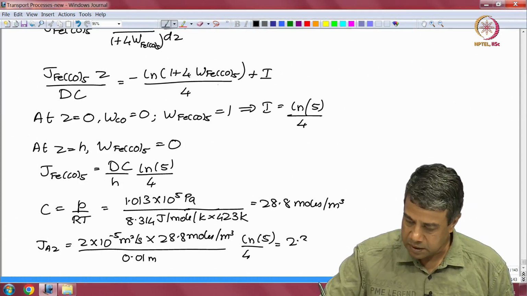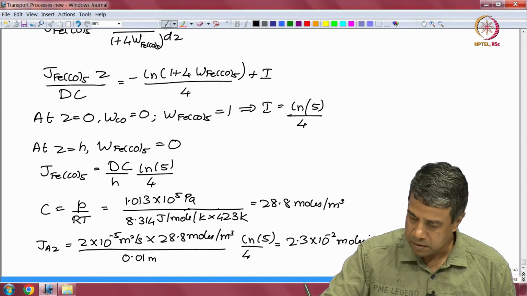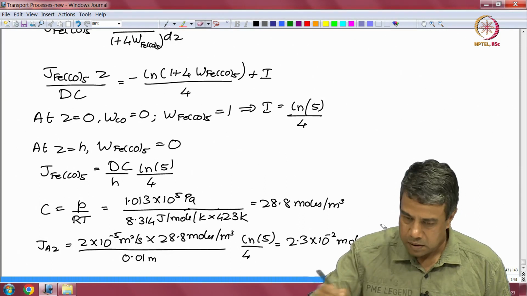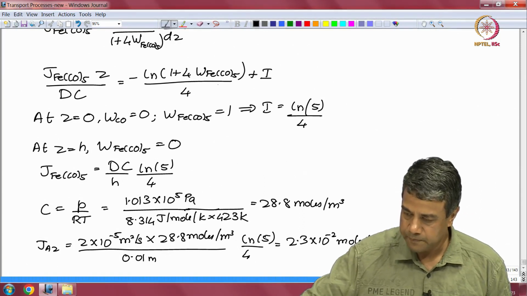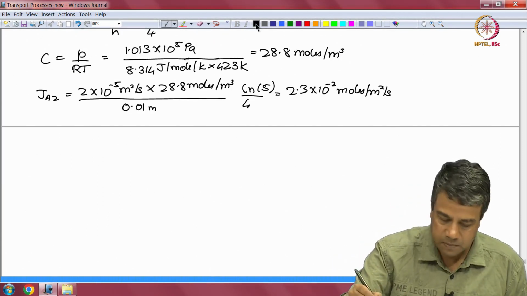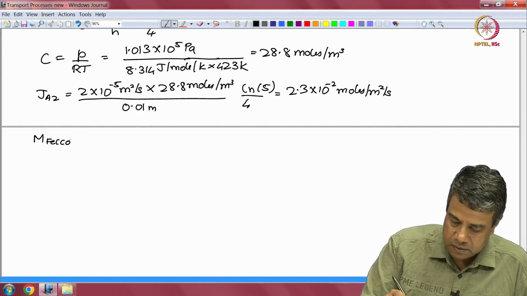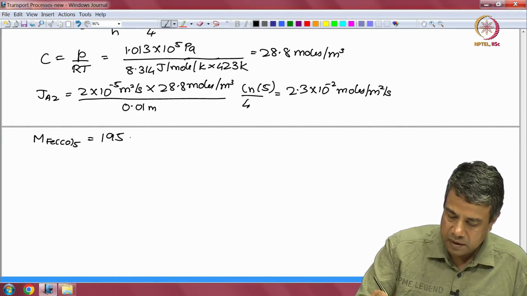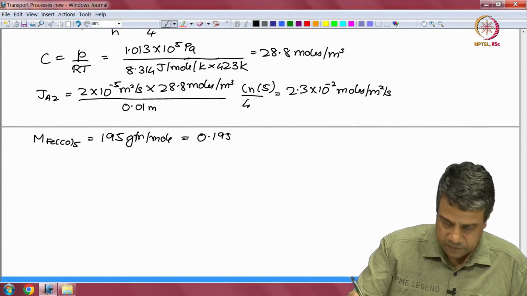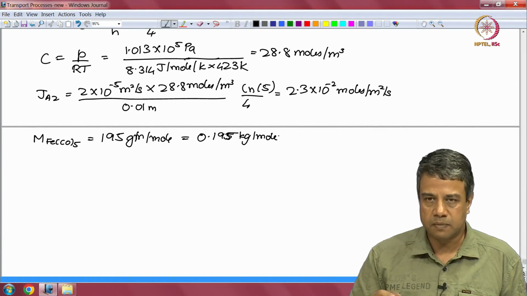This is equal to 2.3 into 10 power minus 2 moles per meter square per second. And I can multiply this now by the molecular weight. The molecular weight of FeCO5 is equal to 195 grams per mole, which is 0.195 kg per mole. You can get this from the molecular weights of carbon, oxygen and iron.